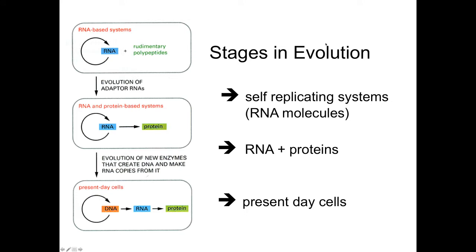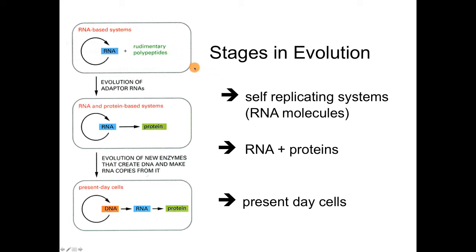This is an interesting way to recapitulate what we've just said. We take a lot of license as we try to put a slide like this together, but if you think of stages in the evolution of cells, you might think that the very simplest systems might have consisted of self-replicating systems based on RNA and perhaps some rudimentary polypeptides.